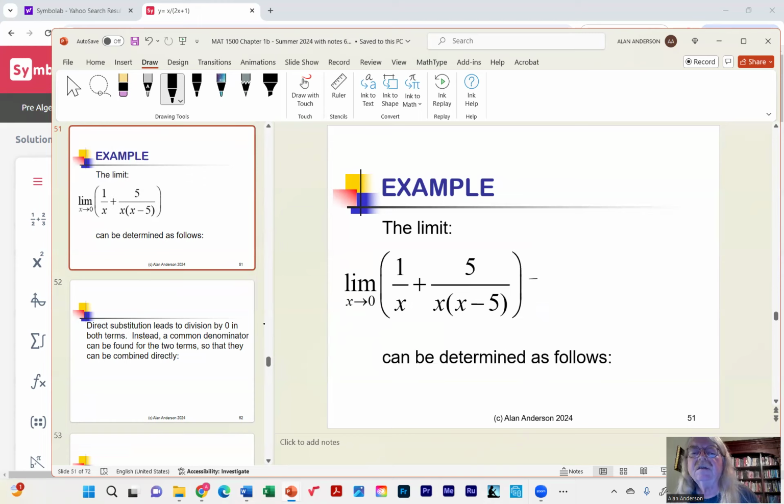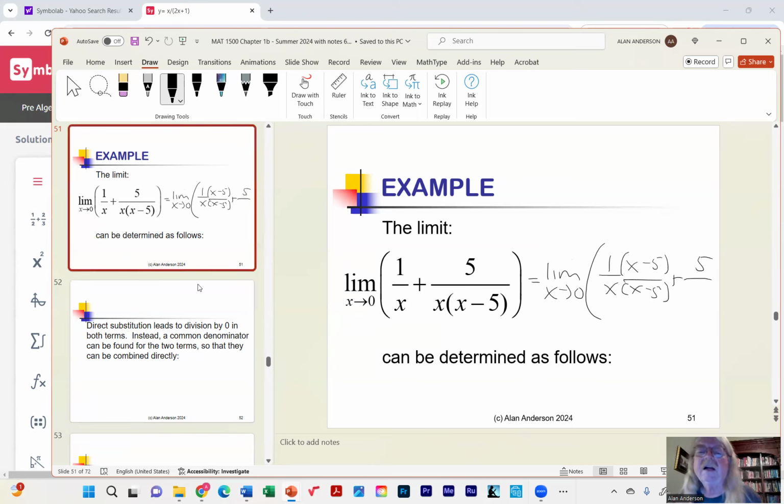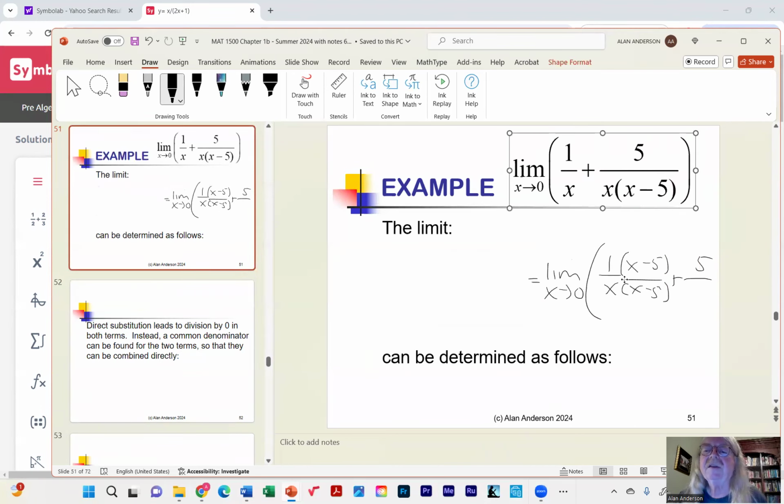Let's try this. We need a common denominator. Actually, I still don't have enough room. Hold on a second. I'll put this up here. How about that?